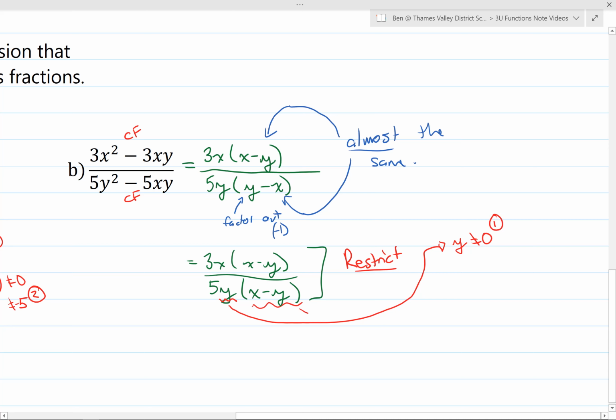Next, I see an x minus y in my denominator, which tells me that x minus y cannot equal 0. The only way x minus y could equal 0 is if x equals y. I can find that by adding y to both sides, and I find x cannot equal y as my second restriction.